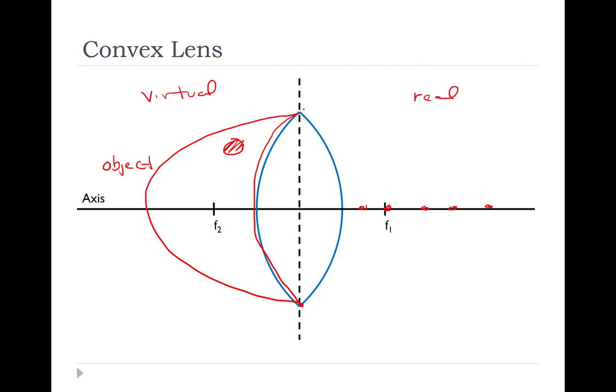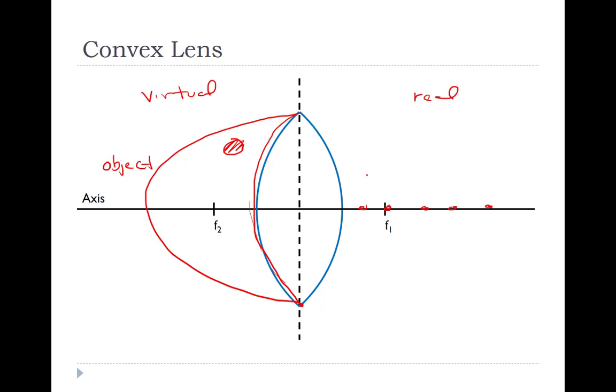This was the first side of the lens that the light, after coming from the object, would hit. So if I make a Pac-Man out of it, it gobbles up F1. A Pac-Man out of the other side of the lens, the second side of the lens, would gobble up F2.